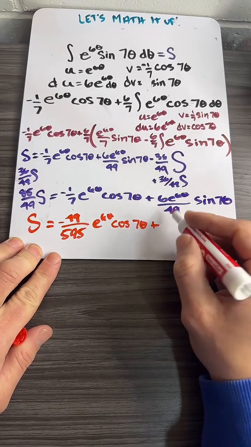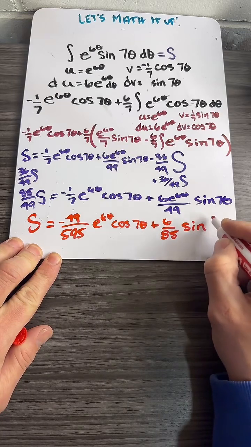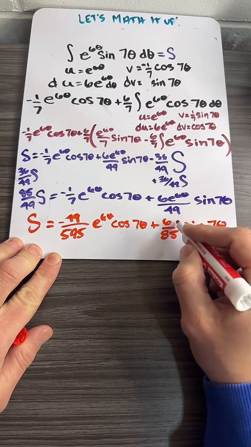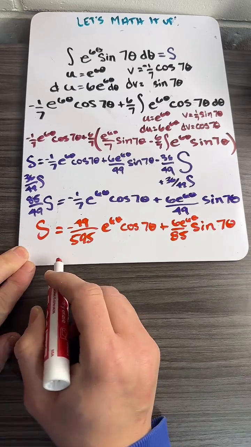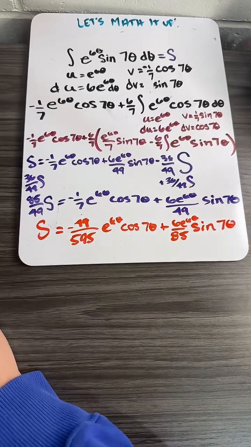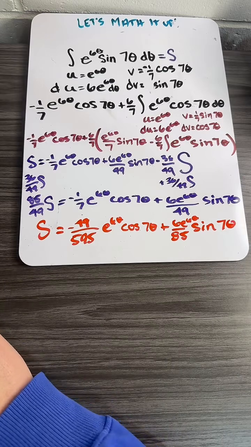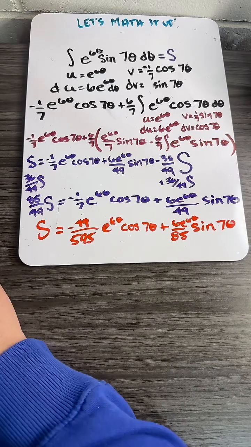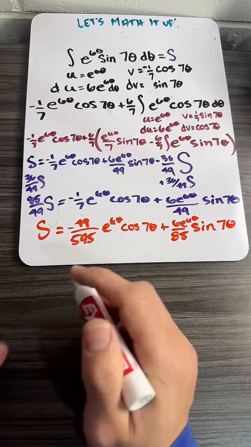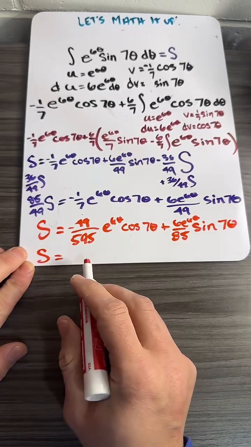So I'm going to get 6 over 85 sine of 7 theta, 6e to the 6th theta. And then let me see if 49 over 595... Okay, and then 6 over 85.